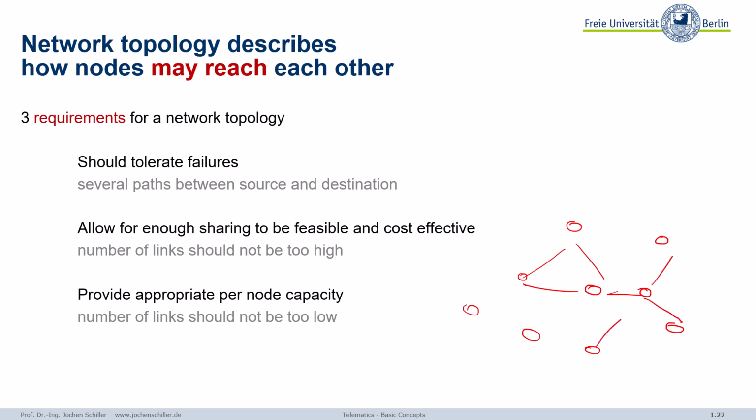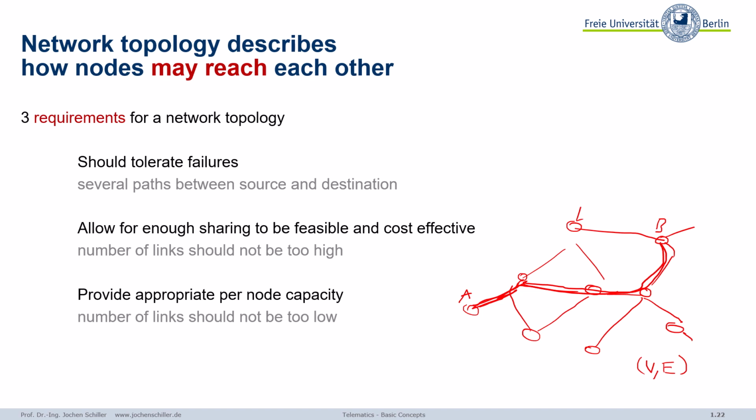So that's a topology. A graph with, as you know from theory, vertices and edges. And if we send data from A to some other node B, then somehow this data has to find its way through the network. But if you look at these examples, we see we need certain requirements.